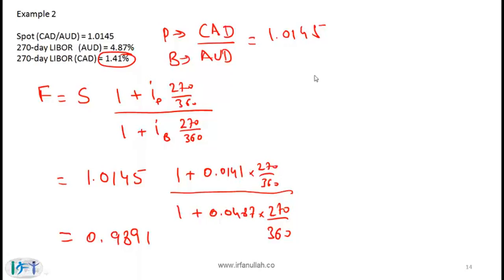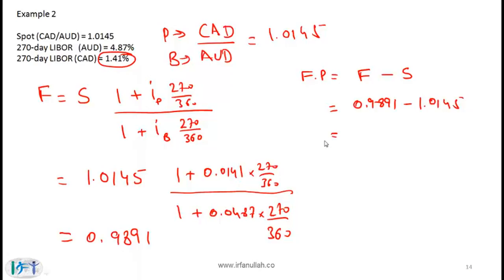Example 1 asks us about the forward premium. Now forward premium is equal to the forward rate minus the spot rate. So in this particular case, the forward rate we have calculated as 0.9891. The spot rate is 1.0145.